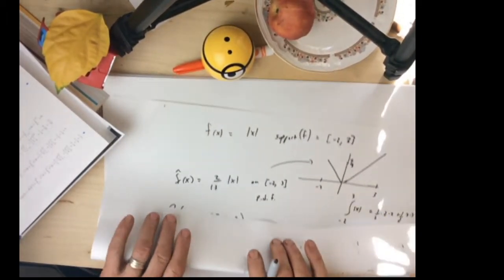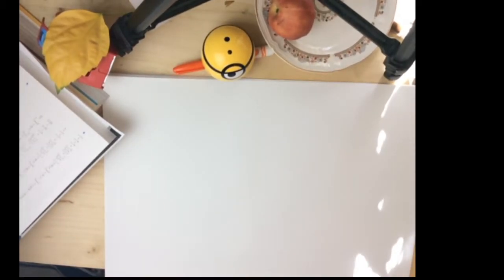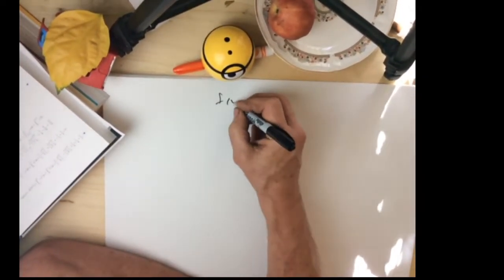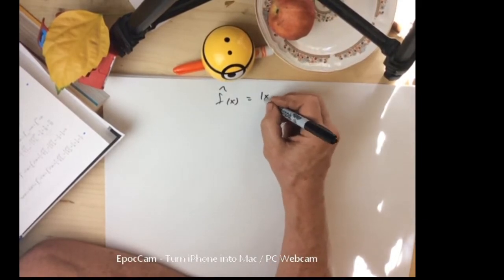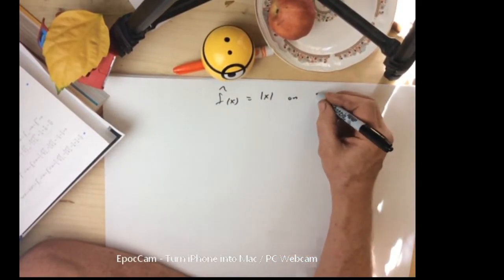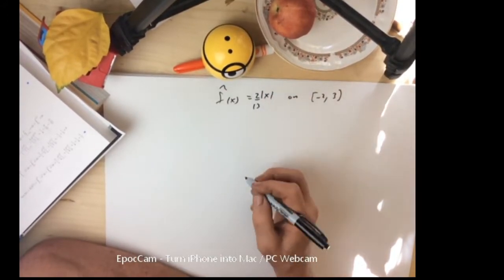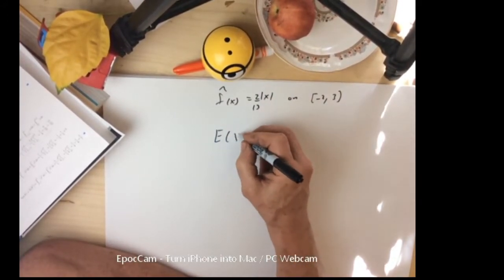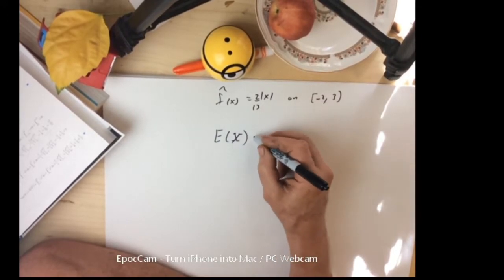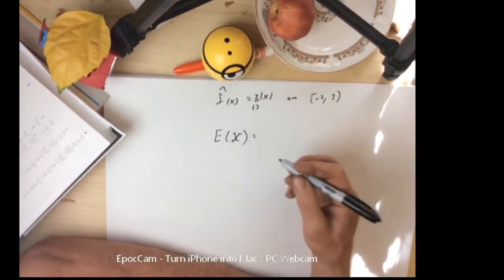Well, if we can do that, let's take the same function. And let's calculate the expectation of the random variable. In other words, the mean. Well, that's not so bad.